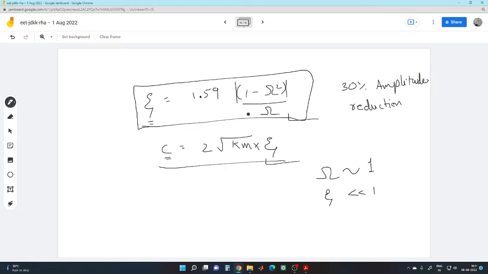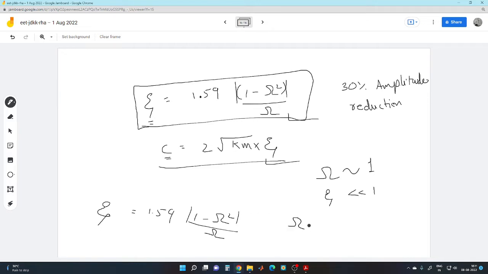If you see this expression, what it says is zeta is equal to 1.59 mod of 1 minus omega square upon omega.